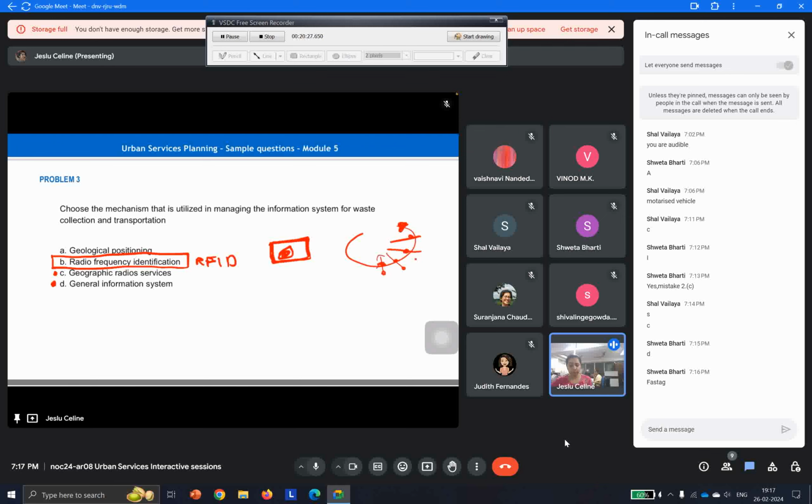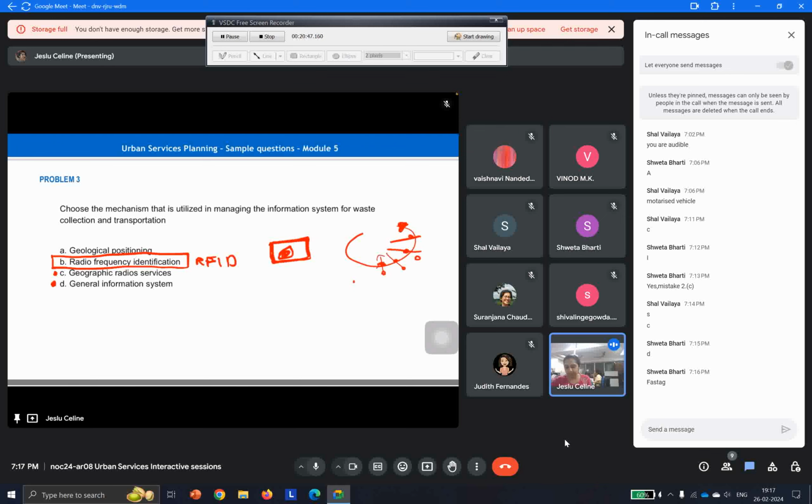There are other smart mechanisms also which are coming, where RFID tags are incorporated in smart waste bins. So these are very new projects which are coming up. In our IIT Kharagpur, in one of the labs, a smart waste bin has been made.